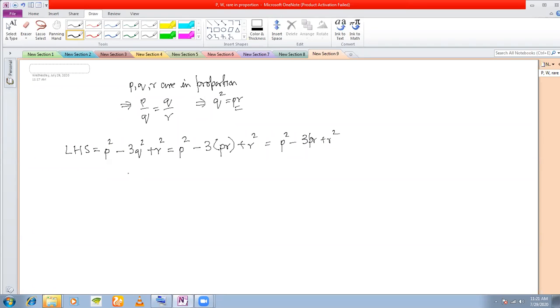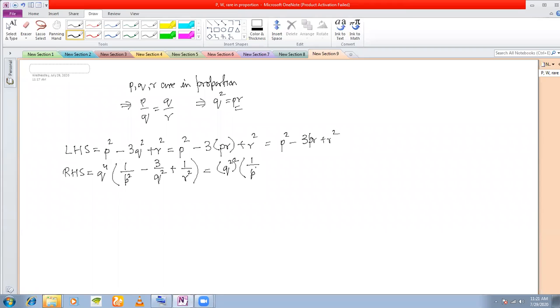Okay. And what is your right hand side? Right hand side is Q to the power of 4 times 1 by P square minus 3 by Q square plus 1 by R square. Now Q to the power of 4 can be written as Q square squared.